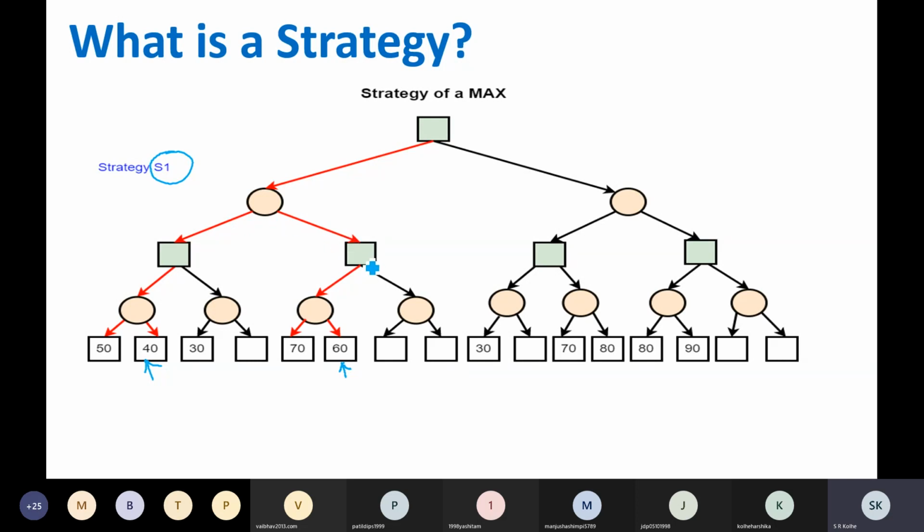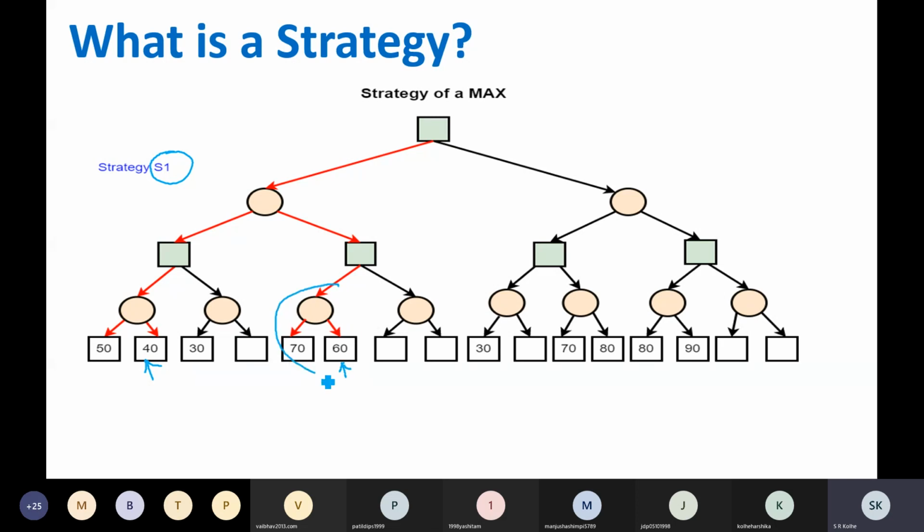Suppose min has made this move, then max will make the left one, this red one, and then min again has two options. Out of these two, min will select one. Of course, min will select this terminal node with utility value 16.